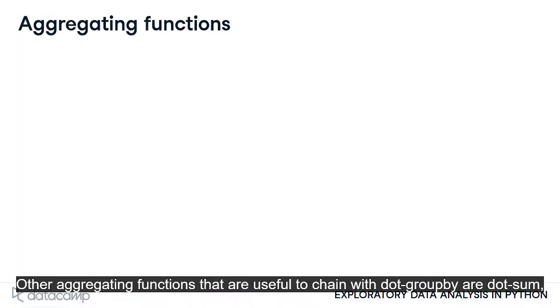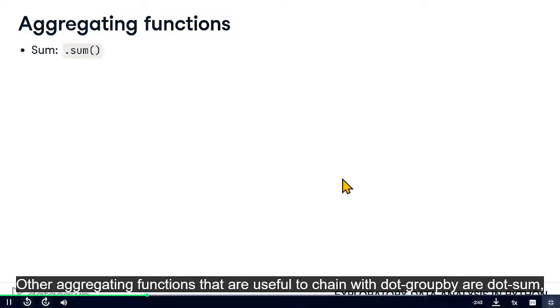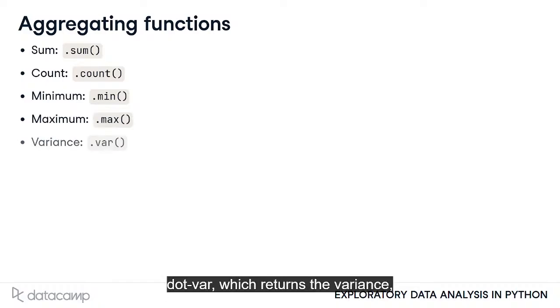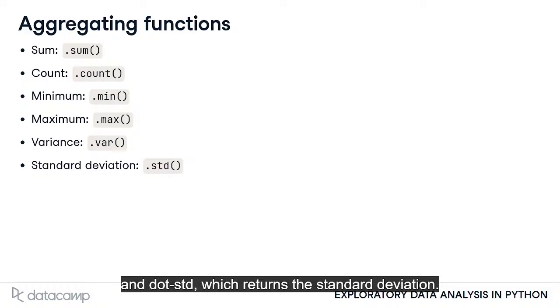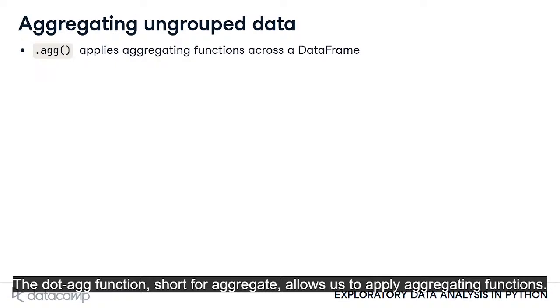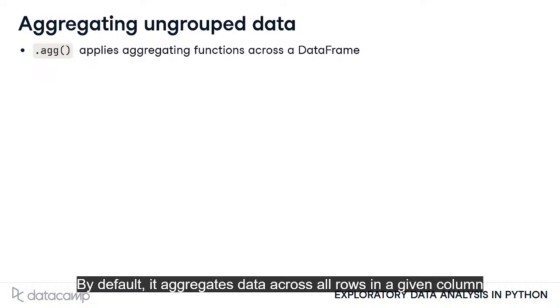Other aggregating functions that are useful to chain with .groupby are .sum, .count, .min, .max, .var, which returns the variance, and .std, which returns the standard deviation. The .agg function, short for aggregate, allows us to apply aggregating functions. By default, it aggregates data across all rows in a given column and is typically used when we want to apply more than one function.